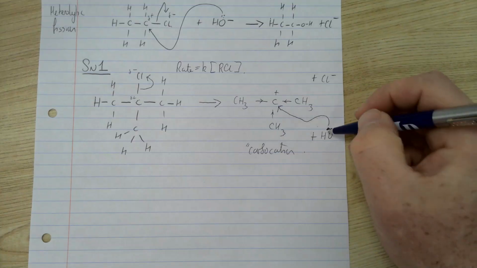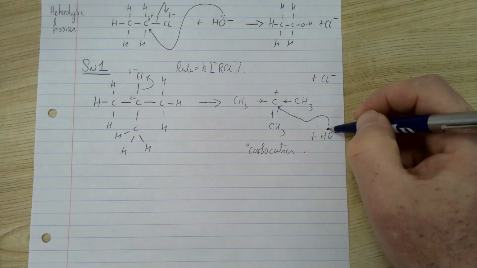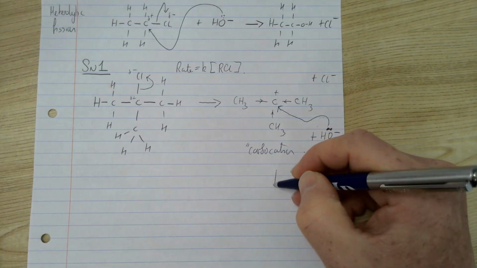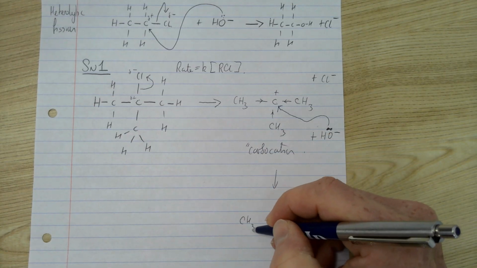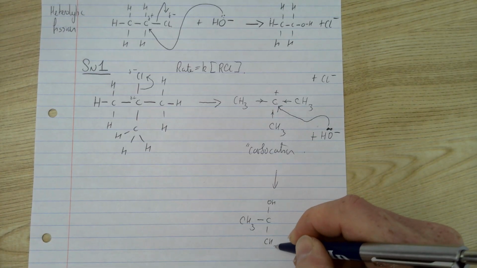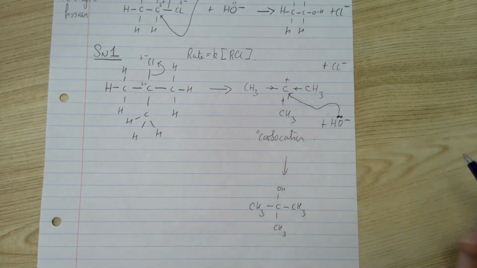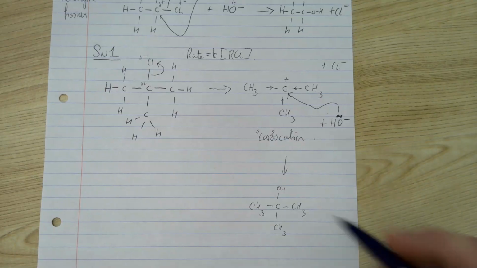That's showing the formation of a carbon-oxygen bond. That pair of electrons becomes that covalent bond, and we end up with the product, tertiary alcohol, which would be this. That reaction is quite fast typically because the carbocation that forms is somewhat stable.